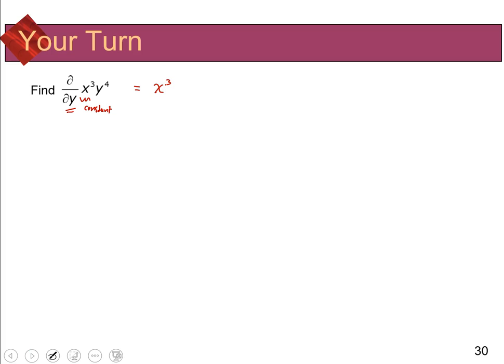The derivative of y to the 4th power with respect to y is going to be 4y cubed. So if I pretty this up a little bit, I'm going to have 4x cubed y cubed. So it's not very difficult. It's just making sure you're paying attention to what's being treated as a constant, what's being treated as a variable.